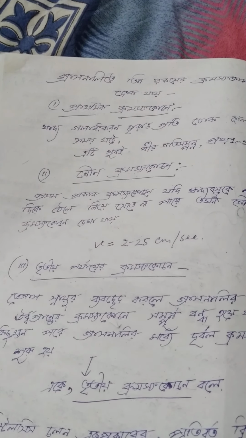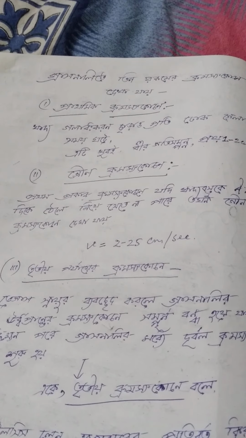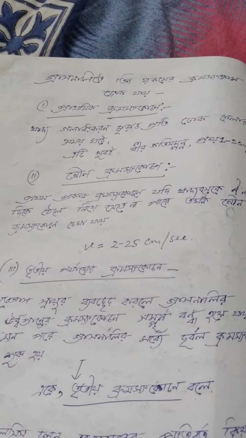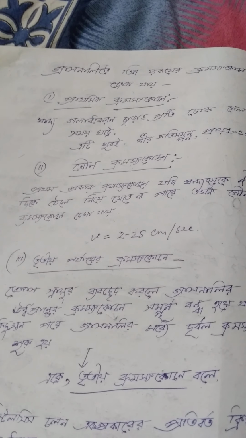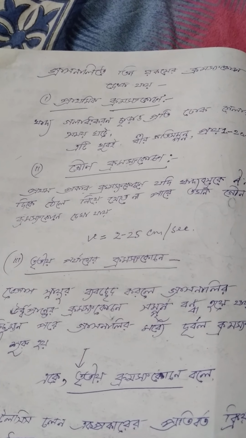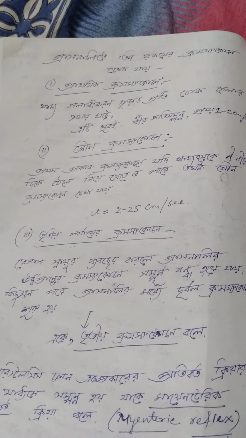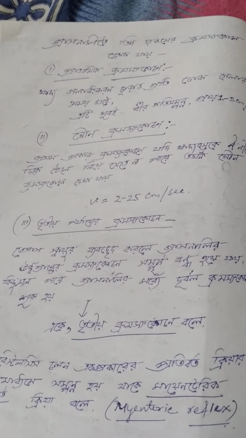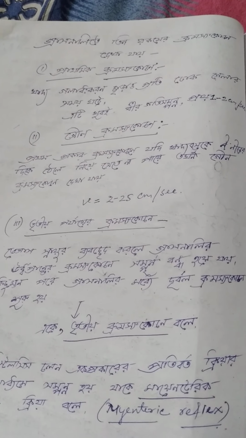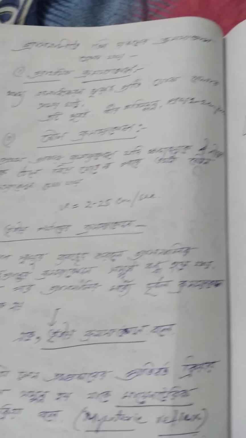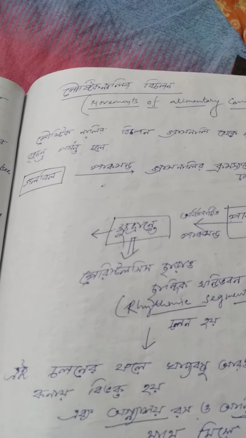If we cut the vagus nerve, then we find a third type of peristaltic movement, and that is brought about by a reflex system known as the myenteric reflex system.